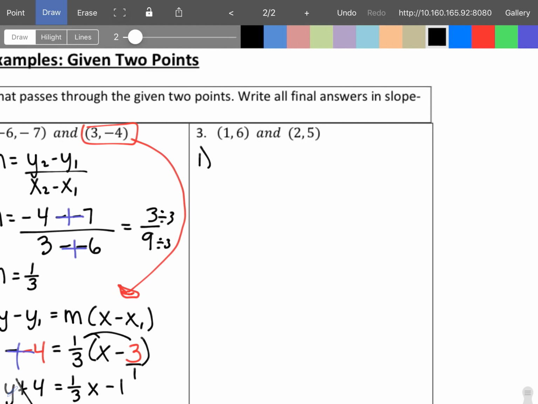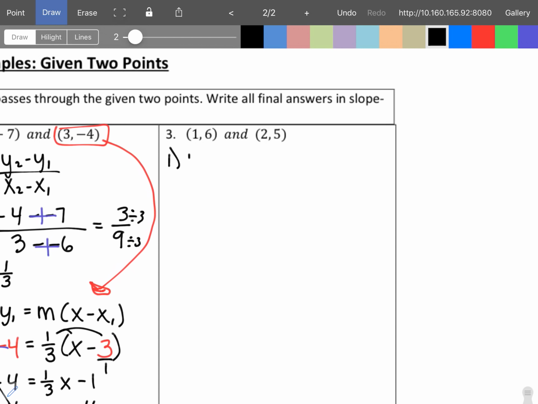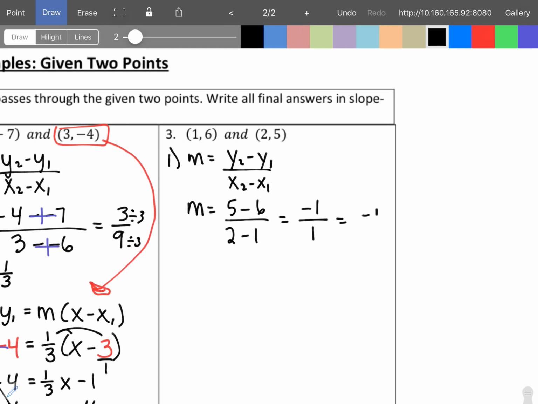So start with my slope. Okay, my slope is y2, which is 5, minus my y1, which is 6, over x2 minus x1. 5 minus 6 is -1, 2 minus 1 is 1, so -1 over 1 is just -1, so my slope is -1.